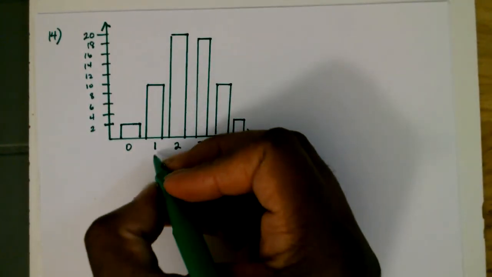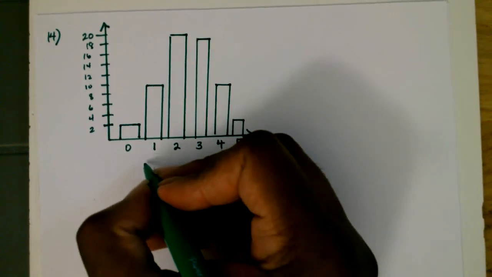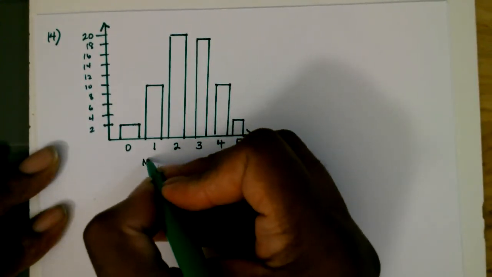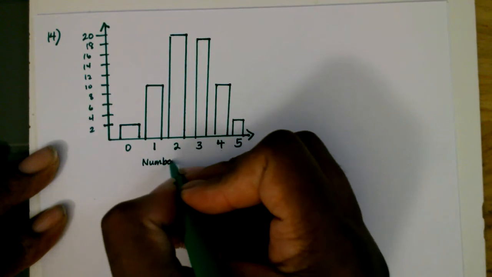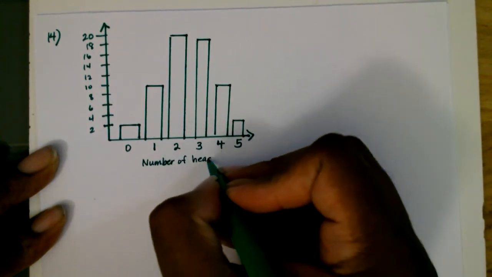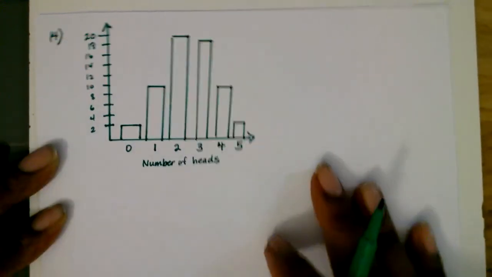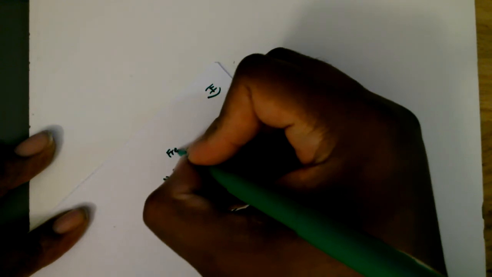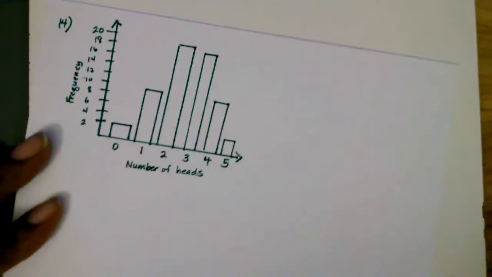And pretty much we can label the horizontal axis as the number of heads. And then the vertical axis will be the frequency. I'm just going to tilt the paper over so I can write the word frequency.